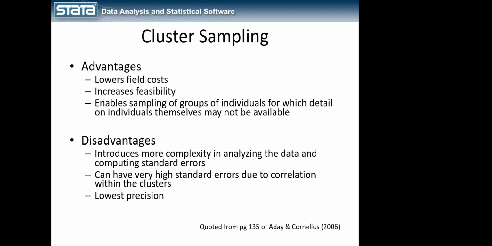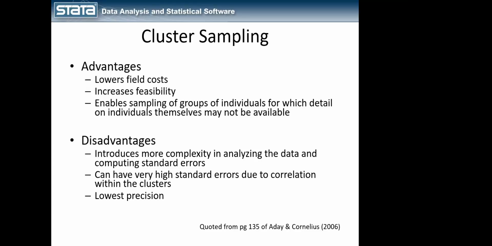Because if it's correlated within the cluster, sampling two people from within the same cluster doesn't really give me two full people's worth of information. It gives me two people's worth of correlated information. So a consequence is you end up with higher standard errors because you're not gathering as much independent information, which gives it low precision.